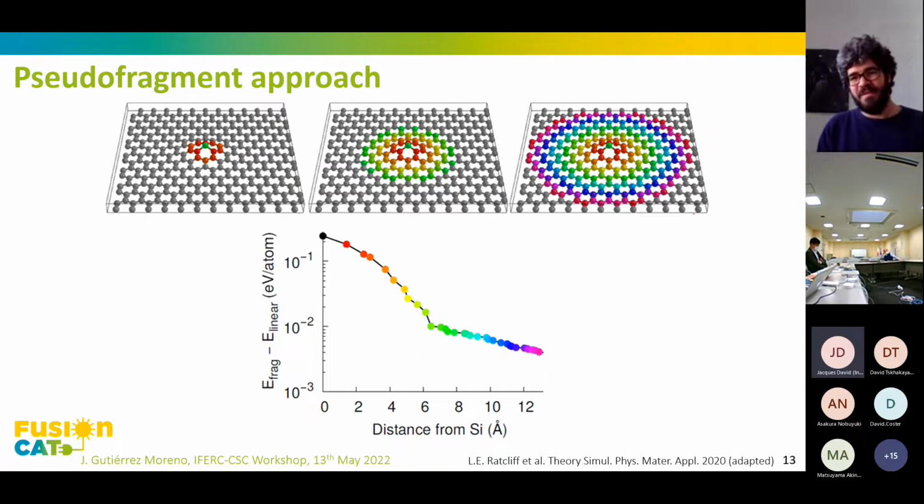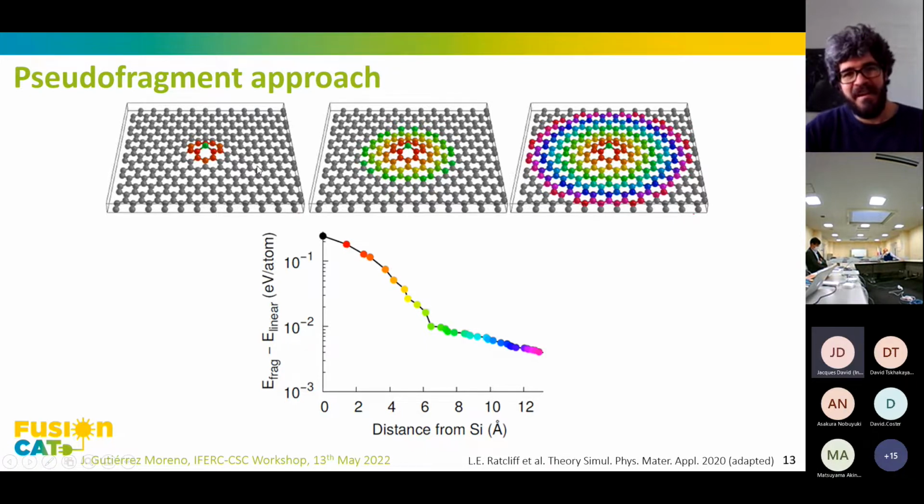Here is one very simple example going into materials, just to show how this definition of templates and fragments works. Here we have a graphene layer that we have doped with one single silicon atom.